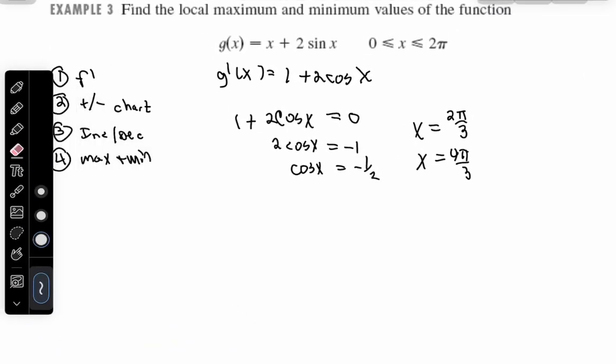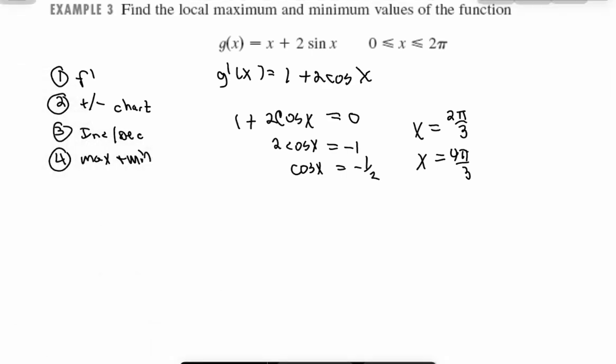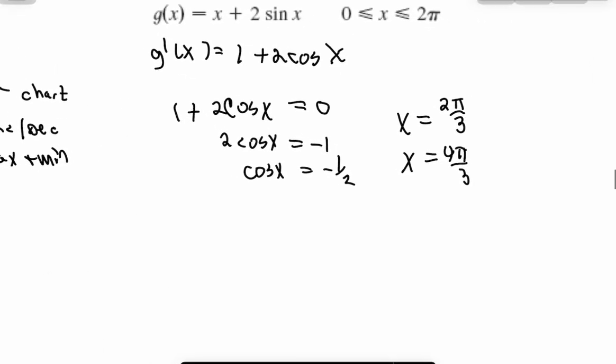So let's go ahead and draw a plus minus chart. I'm going to go from 0 to 2 pi. Normally it's arrows going to the right and left, but we need to truncate it and stop it from here to here.